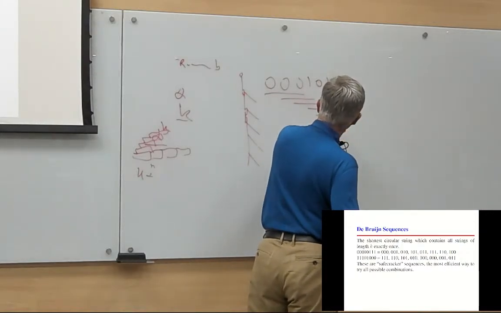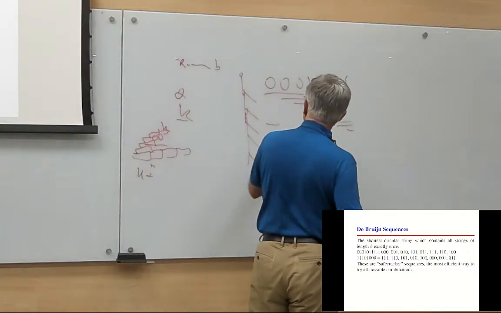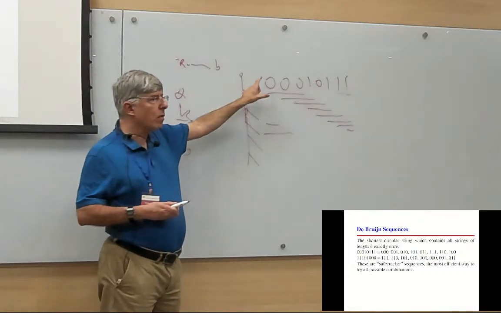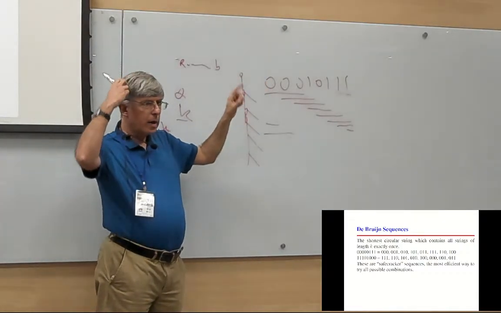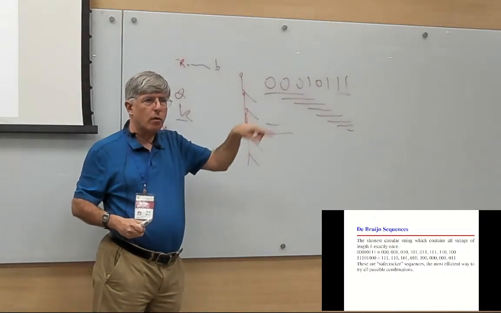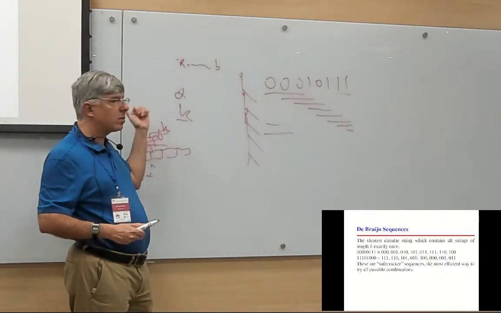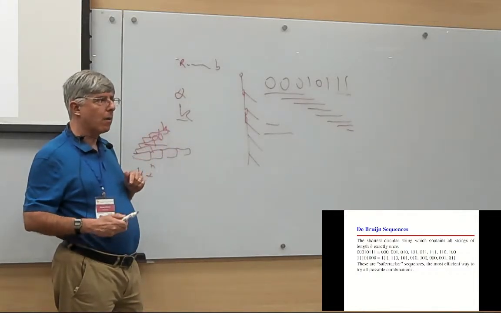So there's one that goes here, one that goes here. Does everybody see that this string has all of the different substrings if we think of this as a circular string? This is what we would have wanted to make for a bad suffix string and is a useful thing to be able to think about.